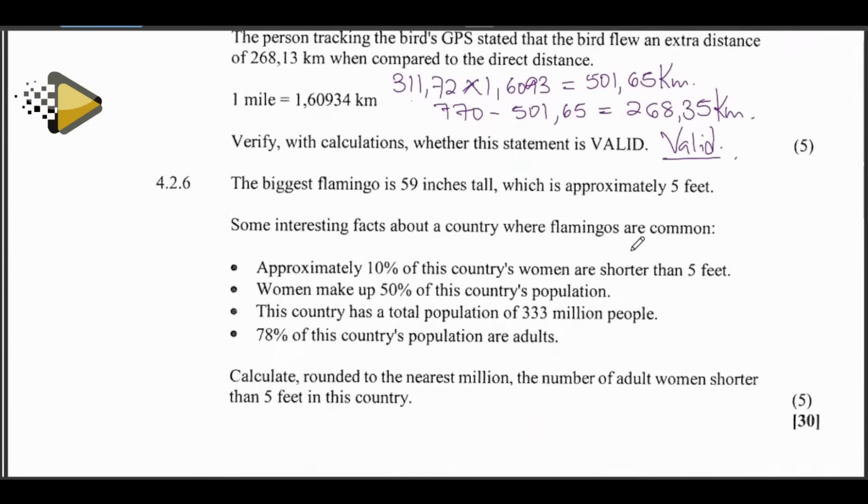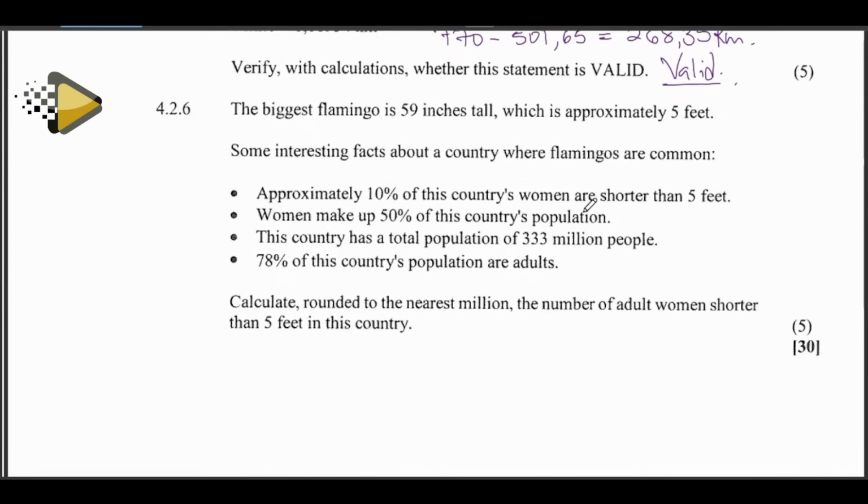Okay. 4.2.6. The biggest flamingo is 59 inches tall, which is approximately 5 feet. Some interesting facts about the country where the flamingos are common. Approximately 10% of this country's women are shorter than 5 feet. Women make up 50% of the country's population.